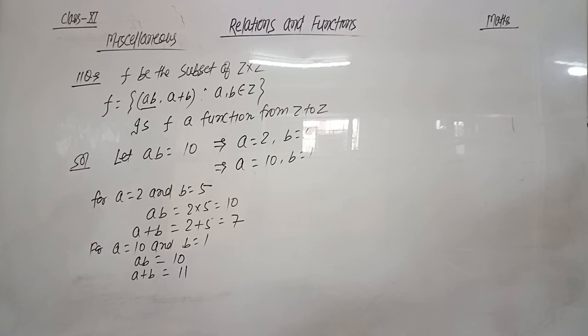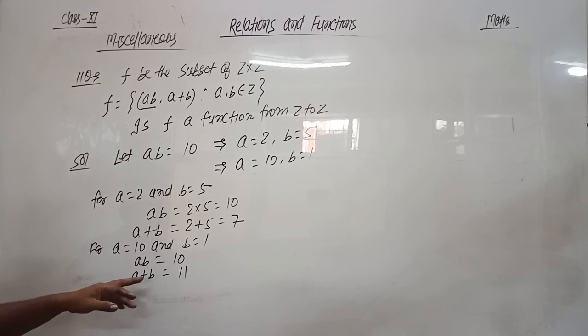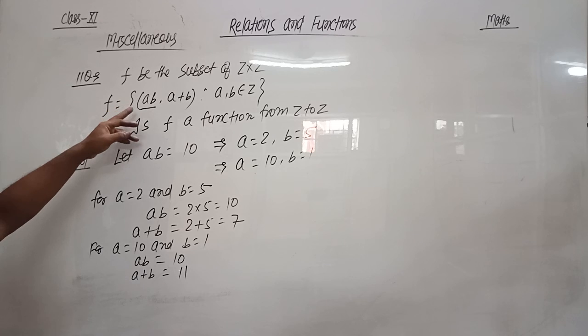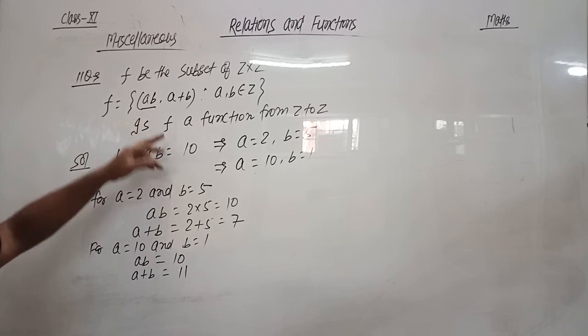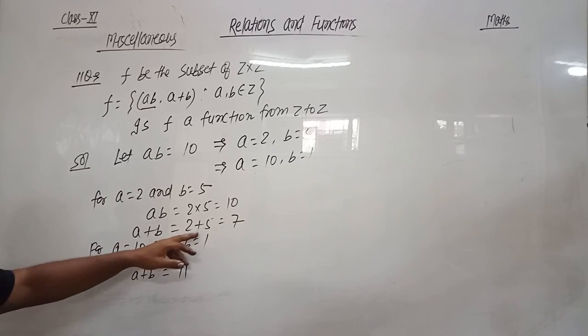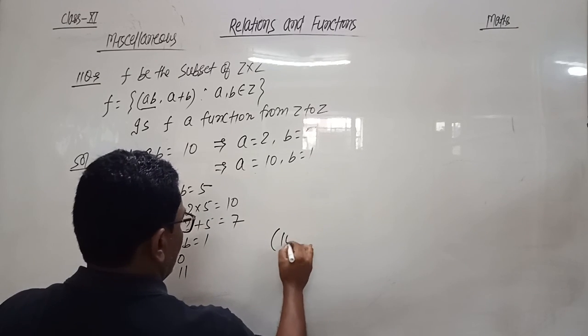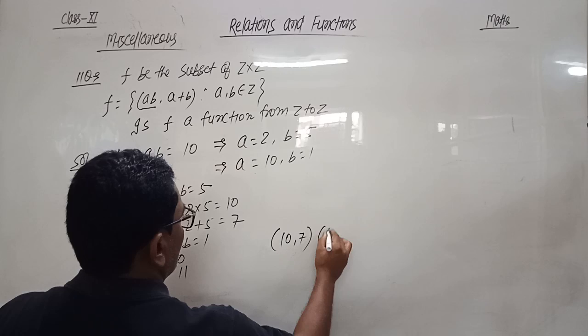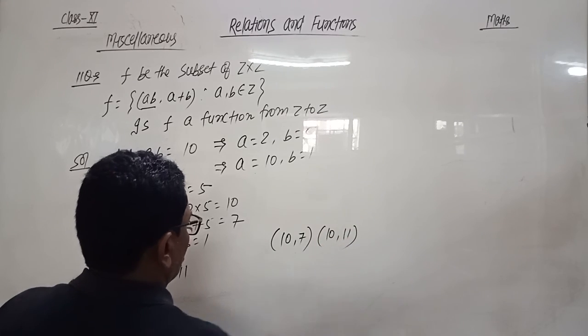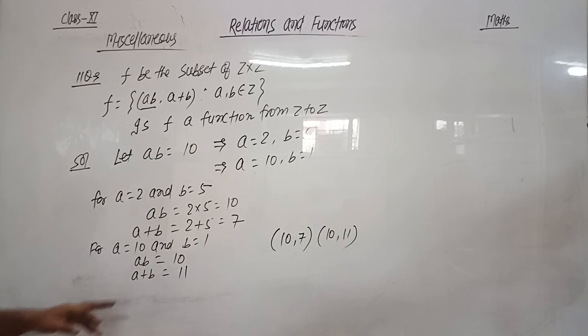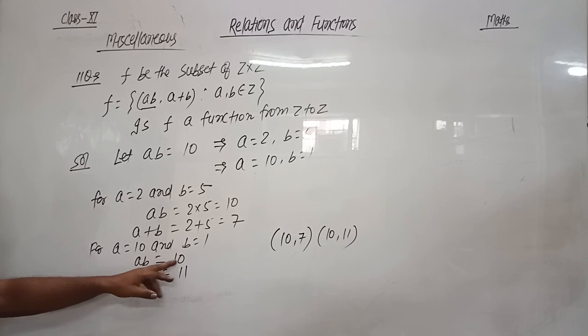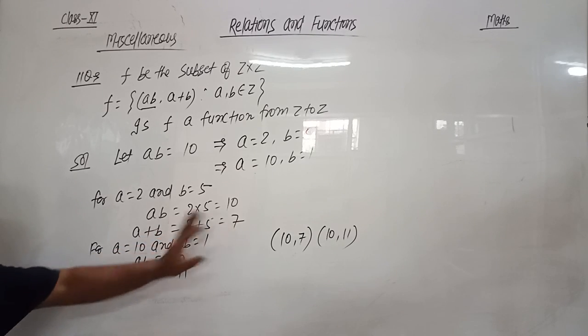It means we get (10, 7) and (10, 11). For 10, the value of ab is 10 and the value of a plus b is 7.